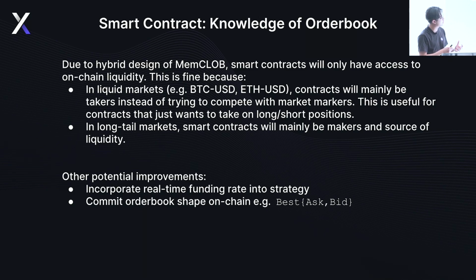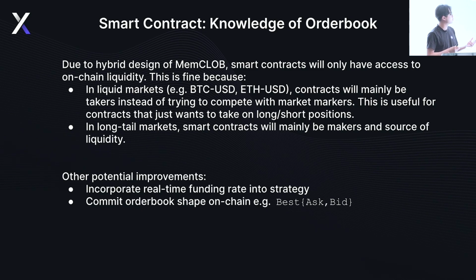In liquid markets, for example Bitcoin and ETH, these contracts will not be used to provide additional liquidity because there's already thick liquidity. The contracts will only be there to act as takers. This will be useful for contracts that just want to take on long or short positions. There's an example that we're going to go through later. But basically, the idea here is that you don't try to compete with the market makers by being aggressive with your order, in terms of placing the best price orders.